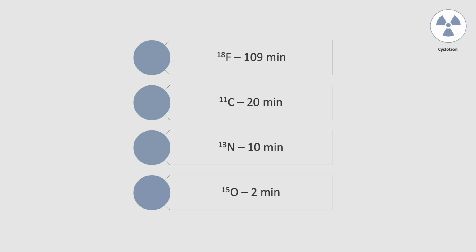Its half-life is 20 minutes. N13 is an isotope of nitrogen and has a half-life of almost 10 minutes. O15 is an isotope of oxygen. Its half-life is a bit over 2 minutes. As you can see, they all have relatively short half-lives.